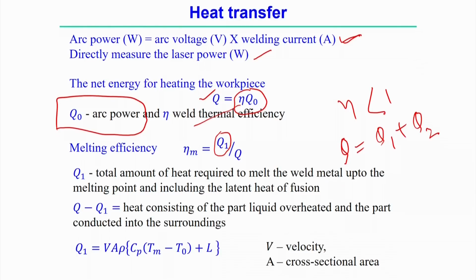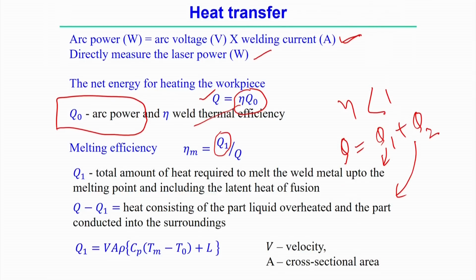So, if we separate out, this is the total amount of heat required just to melt, and Q2 is the remaining heat, which does not just melt the substrate material but achieves a superheated condition, that means from the melting point to the maximum temperature, the superheat temperature.